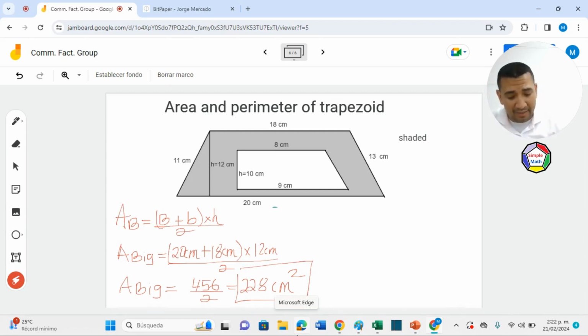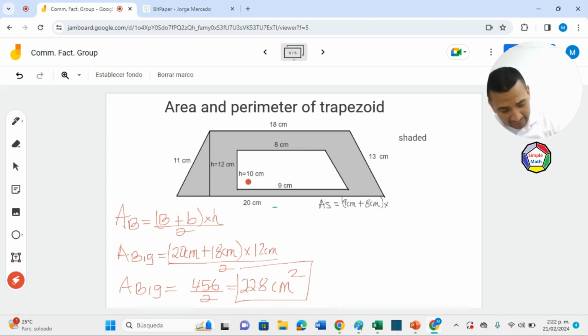Now I'm going to calculate the area of the small trapezoid. The big base is 9 centimeters plus the small base, which is 8 centimeters. The answer times the height.